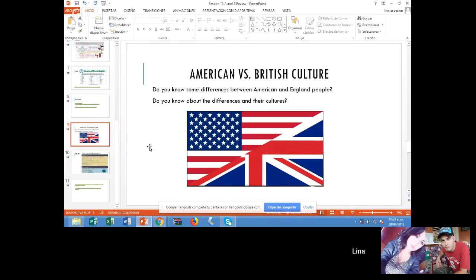Okay. I think the most important difference between American and British culture is that when people get home, they take off their shoes and leave them before the door. Yes, this is one. Another difference is in the bathrooms.